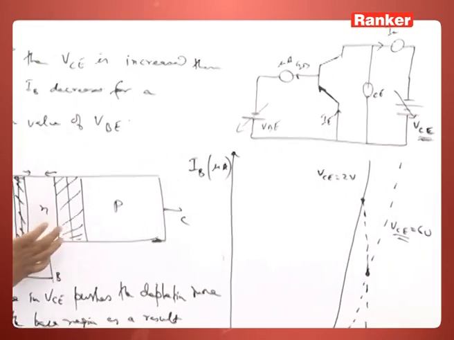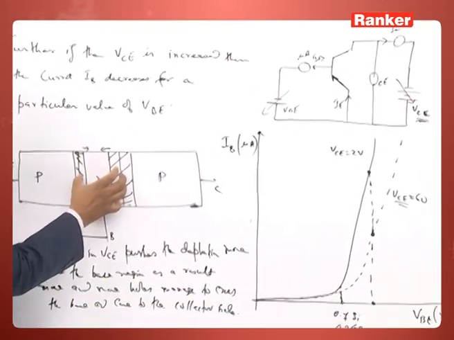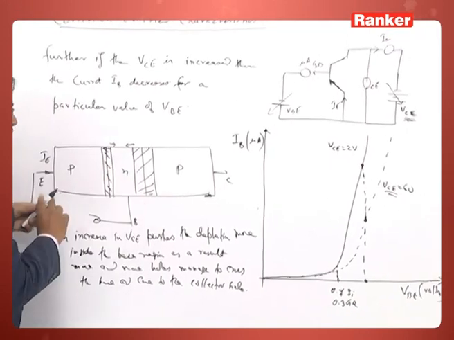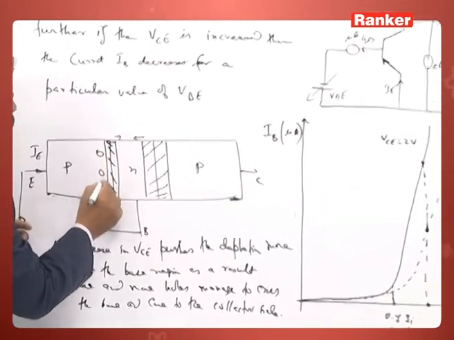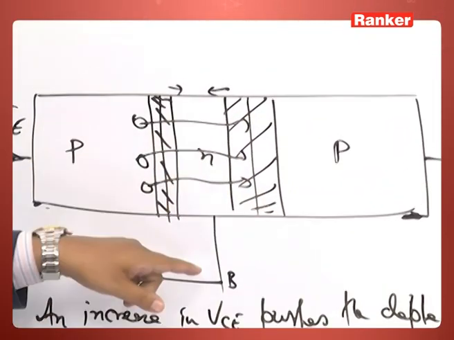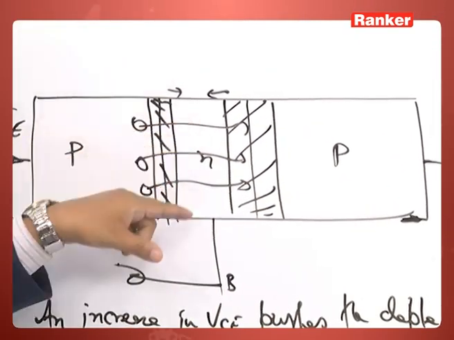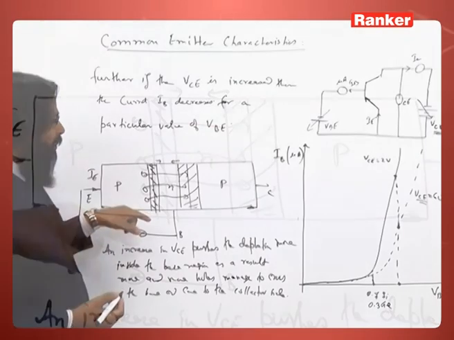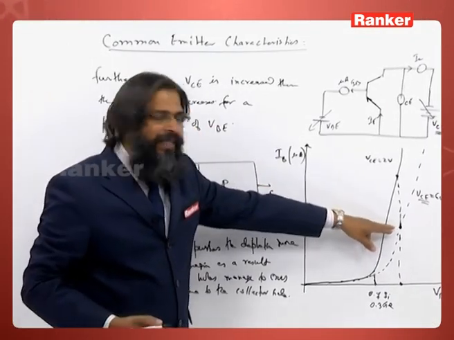More output voltage means the depletion layer will be pushed inwards, as a result more and more holes will manage to cross, and fewer holes will combine constituting the base current. So, the base current will be reduced.